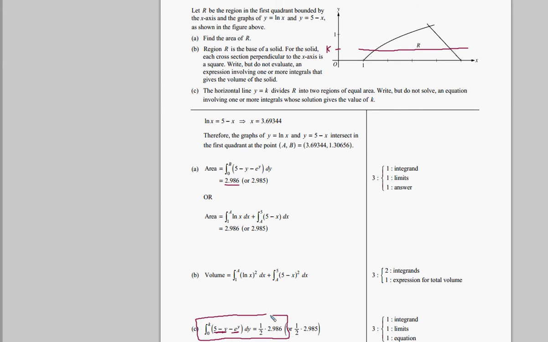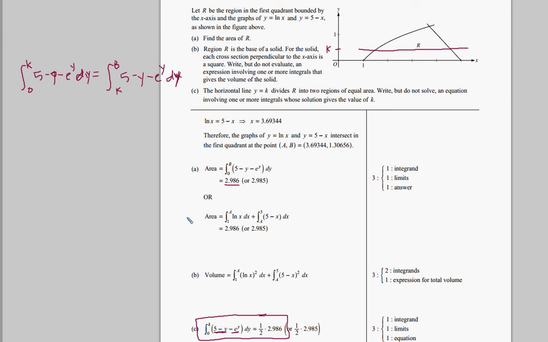That the area from 0 to k would be equal to half of the area that we found in part A. The way I kind of thought to go about this was to say, well, I know that the area from 0 to k of my 5 minus y minus e to the y dy would have to equal the area from k to b, the y value of that intersection, of 5 minus y minus e to the y dy.